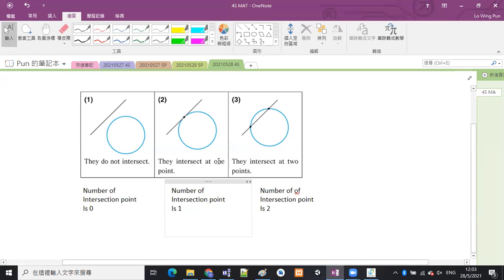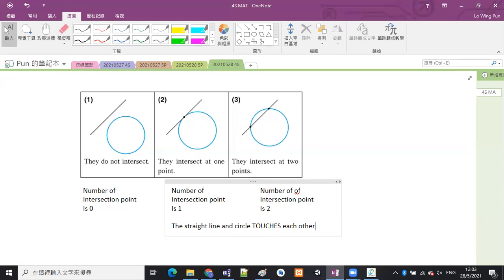So if there is only one intersection point between a circle and a straight line, then I will say that the straight line and the circle touch each other. Can you write this down?